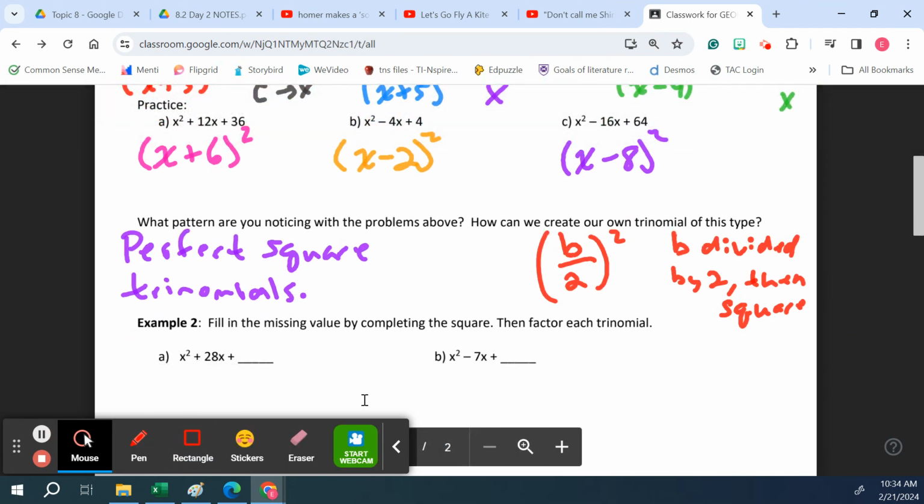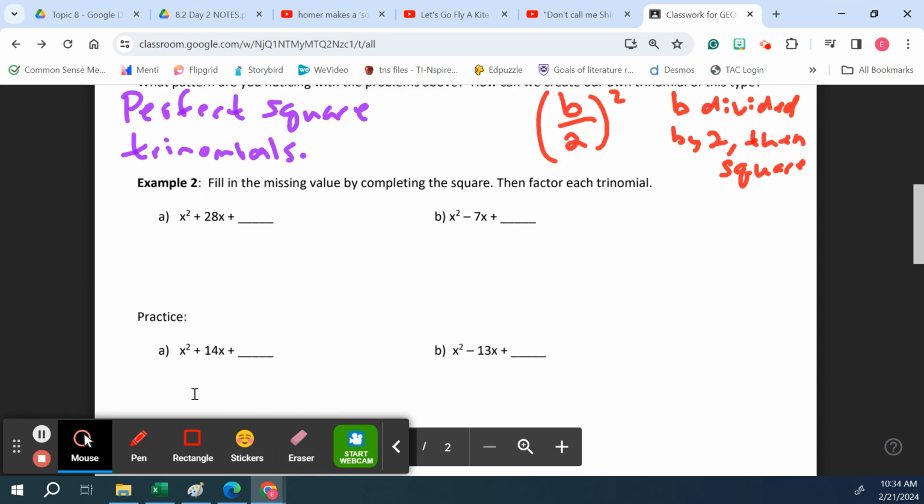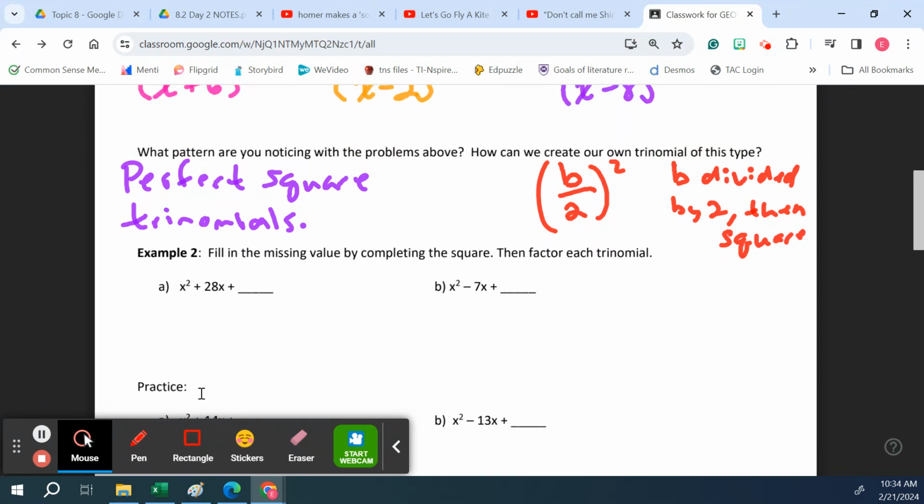Questions on that? How are we doing? All right, let's take a look at example 2. Is anybody still writing before I move on? Okay.